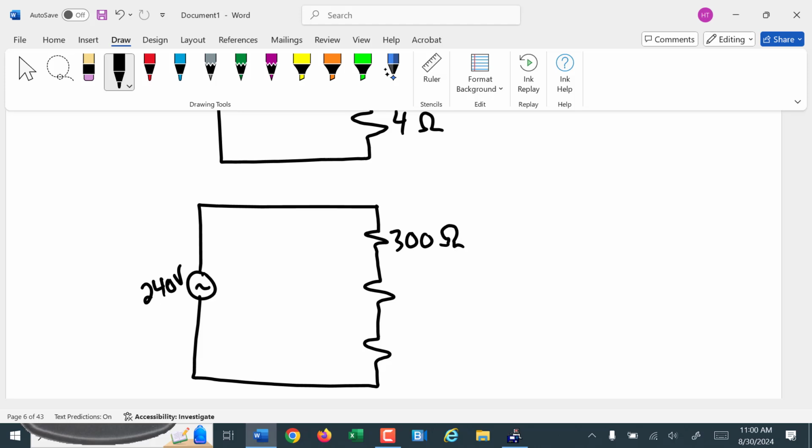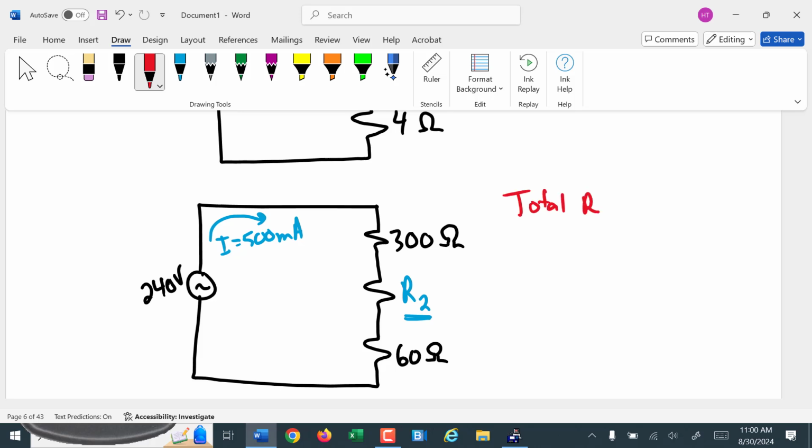If I give you a 240 volt circuit and I give you that this is 300 ohms, this is 60 ohms, and the current flowing is 500 milliamps.